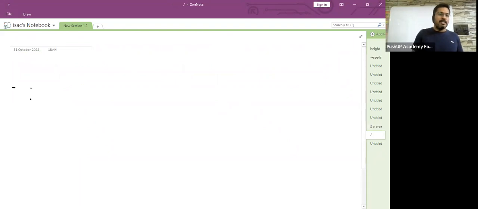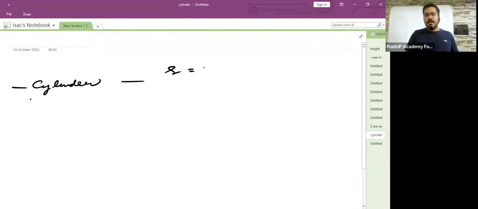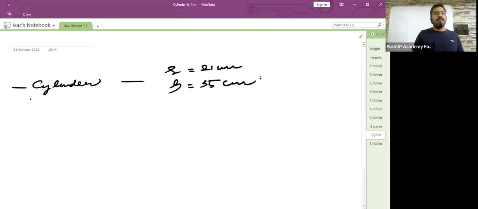Children, I'm giving you a cylinder whose radius is equal to 21 centimeters, height is equal to 35 centimeters. Radius and height are given to you.